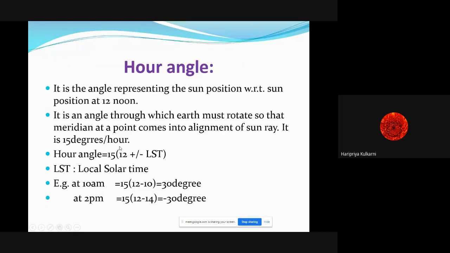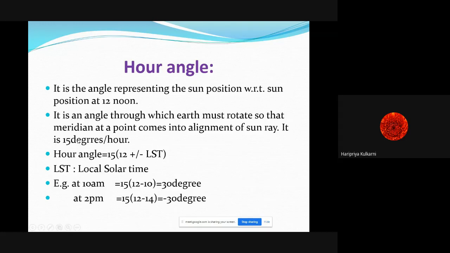Now we'll take an example. Hour angle is equal to 15 into bracket (12 plus minus LST), where LST is the local solar time. For example, we are calculating the hour angle at 10 a.m. in the morning. You have to consider the 24-hour clock.